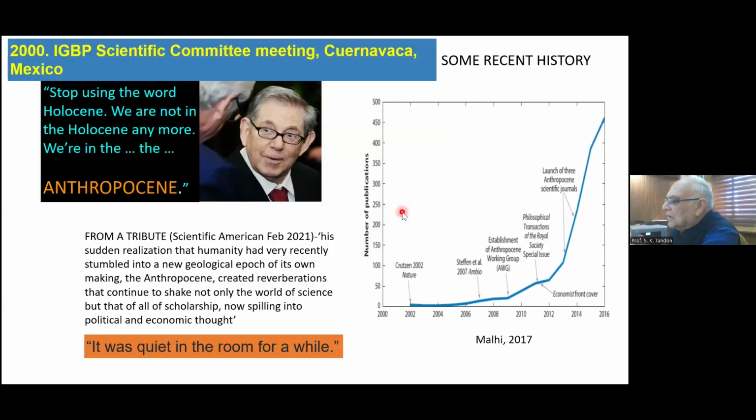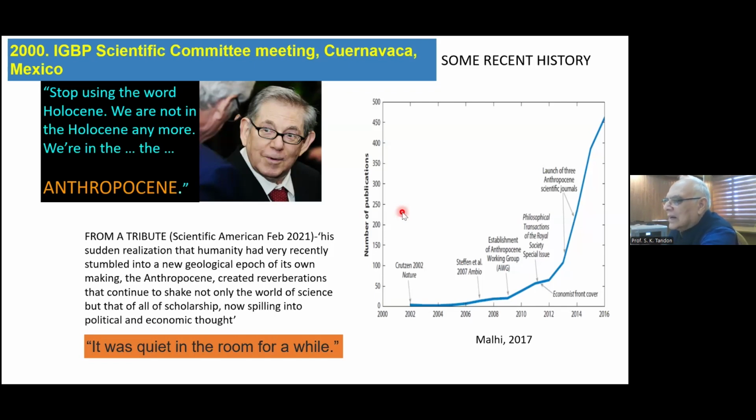And if we delve a little bit more and go back into the historical evolution, the idea that Anthropos, or the human agency, has been very active in disturbing the Earth's surface has been around for more than a century. But it was actually resurrected by Paul Crutzen, the Nobel laureate, and it all started in a meeting in 2000, the IGBP Scientific Committee meeting that was happening in Mexico.